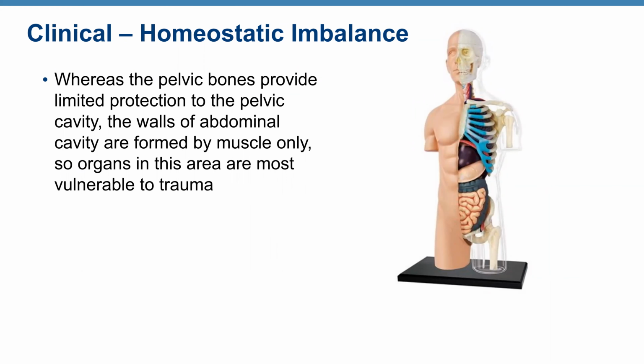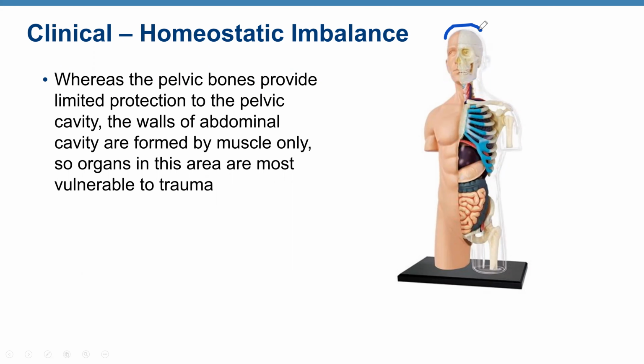Okay. Clinical homeostatic imbalance. Whereas the pelvic bones provide limited protection to the pelvic cavities, the walls of the abdominal cavity are formed by muscles only. So organs in this area are most vulnerable to trauma. So what this slide tells us is that we have well-protected body cavities, like the cranial cavity.